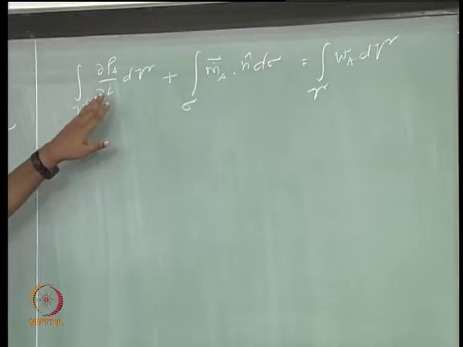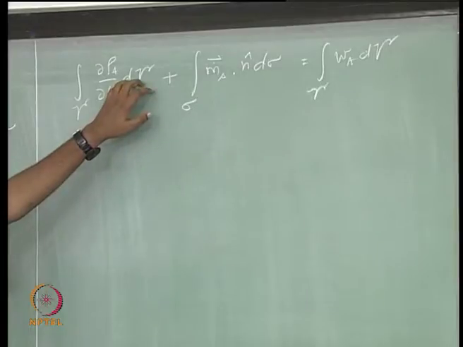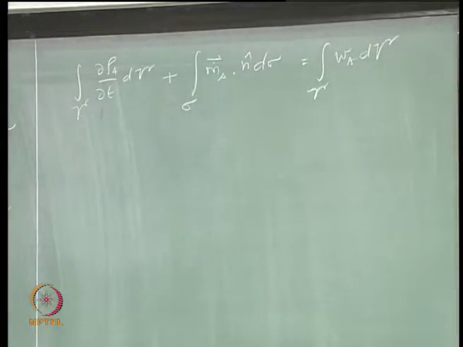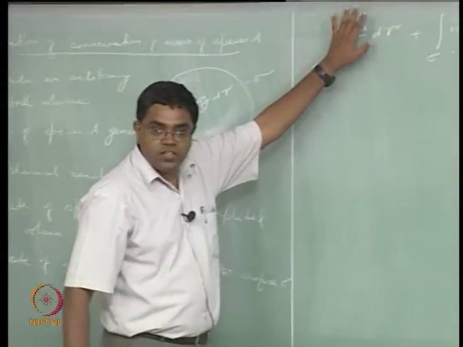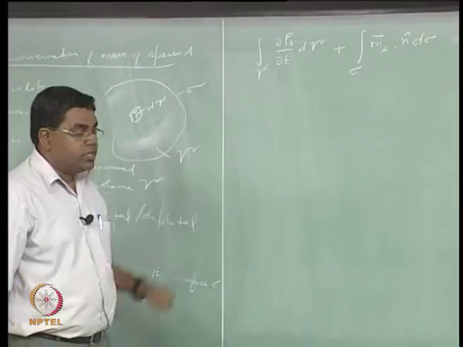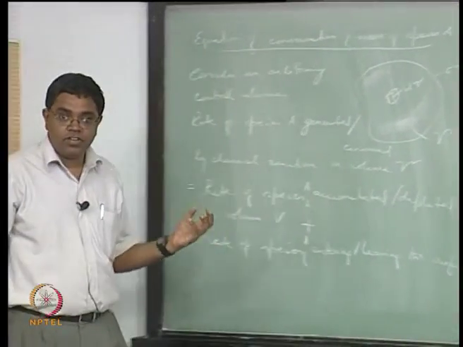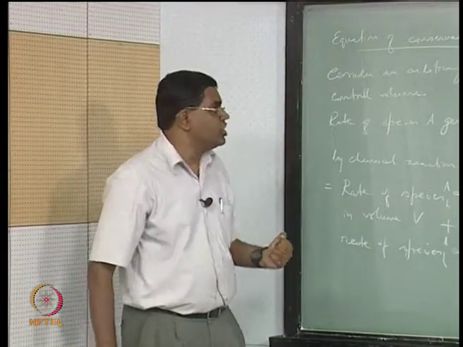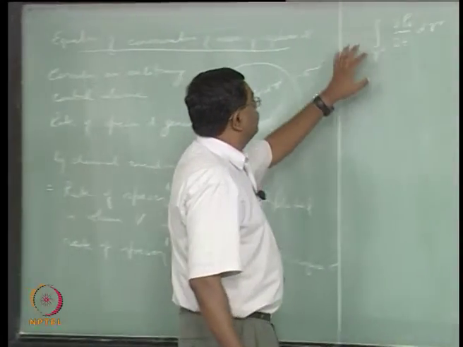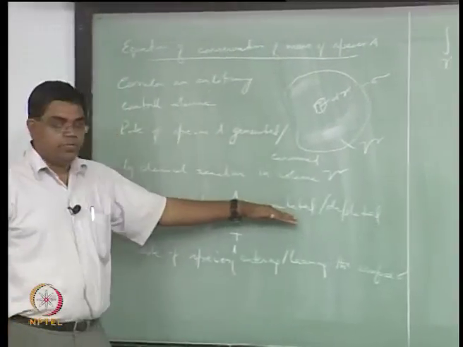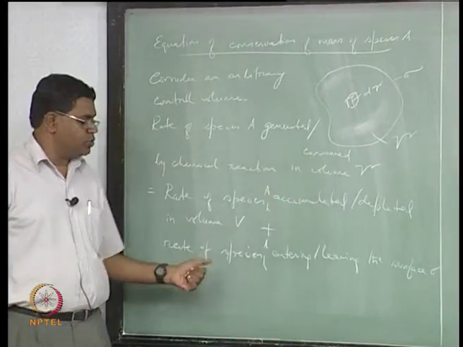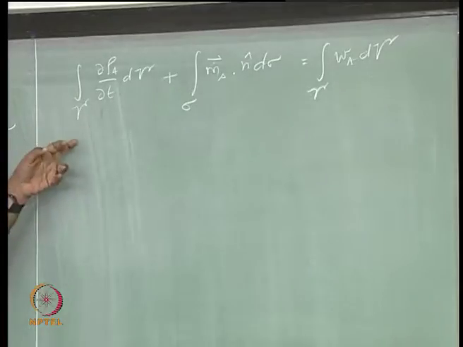We don't want to worry about the dV changing in time because that's fixed in time. So the only thing that's changing is the density itself, that's like the mass concentration, as I said. So the concentration of the species is changing in time, and so this is the rate of accumulation or depletion term. That's a volume term. We can see that that's a volume integral.